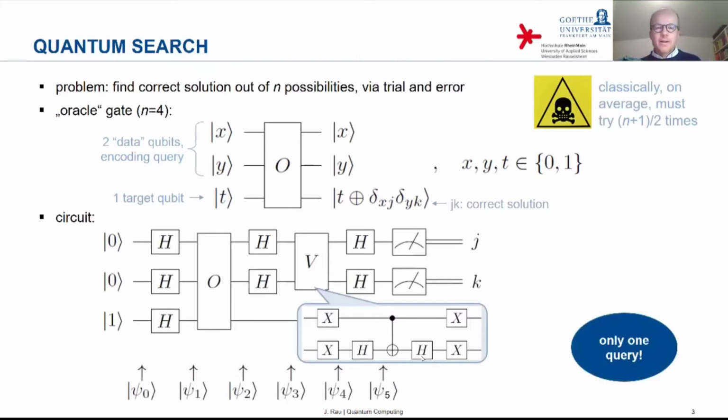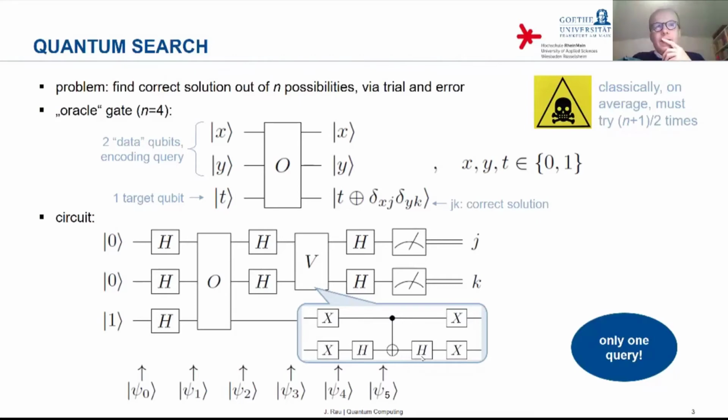It's 0 if the argument represents the wrong solution, and it's 1 if the data qubits represent the correct solution. So it's an oracle like Deutsch-Jozsa, but with an indicator function.